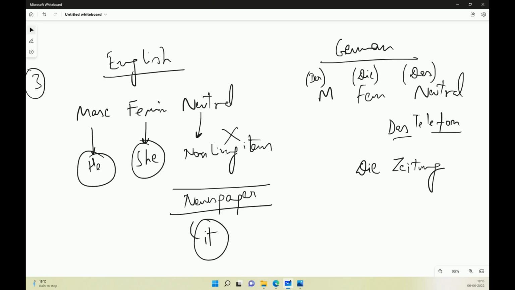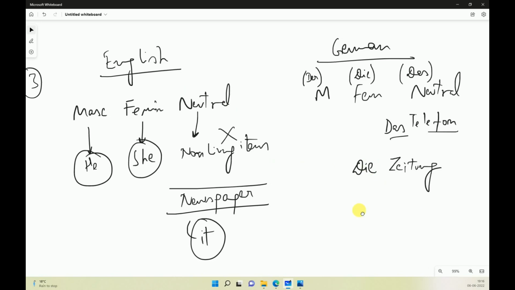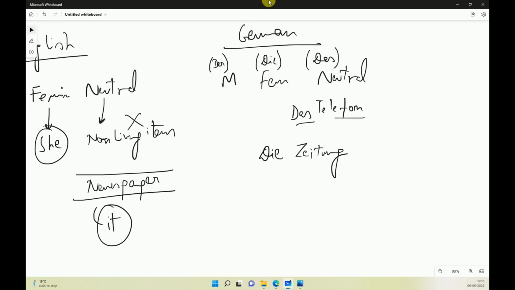Right? So there is no logic whether it is a living thing or a non-living thing. Bank. Again, it is die. Right? So my suggestion, in fact, I would give you this suggestion at least 1000 times. Whenever you are learning any noun, just now you got to know that Zeitung is newspaper.